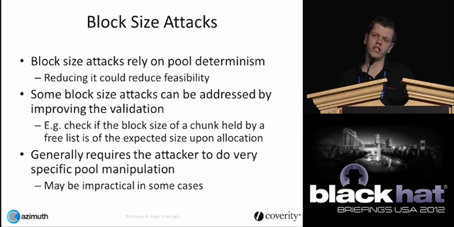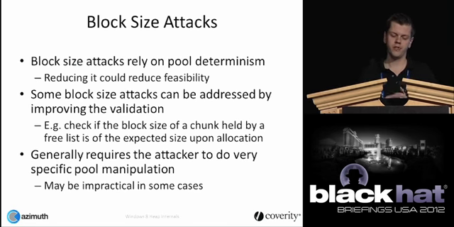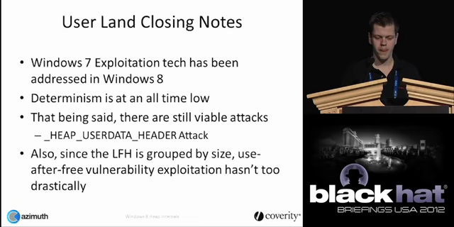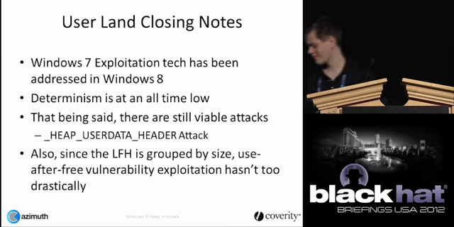And additionally, the block size attacks also rely on very specific pool manipulation. So in some situations, like if you have a remote overflow, it can be impractical because you need to force these very specific allocations in order to pull off these attacks, basically.